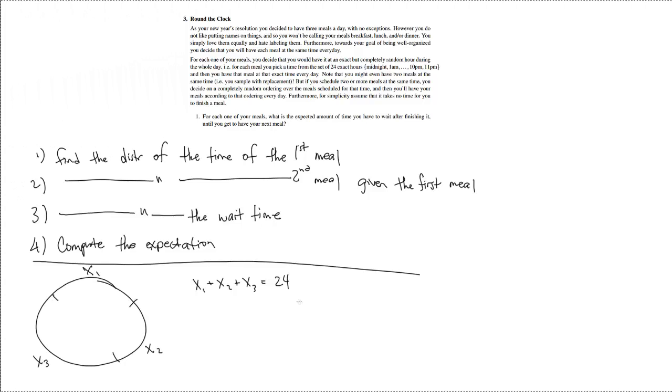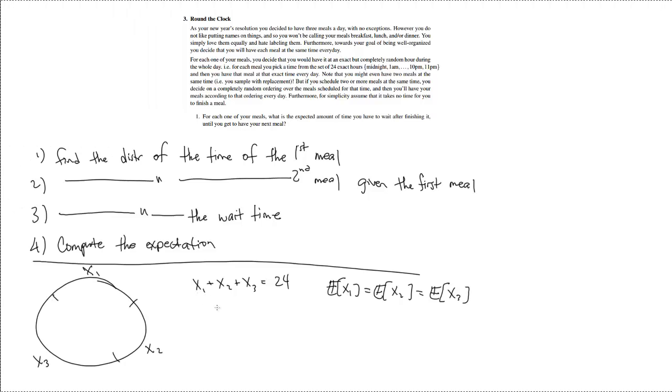But we also have symmetry in this problem. That is to say the distribution of x1, x2, and x3 should be identical because in some sense there's nothing special about what's considered the first meal, the second meal, and the third meal. So thus we can say that the expectation of x1 is equal to the expectation of x2 is equal to the expectation of x3.